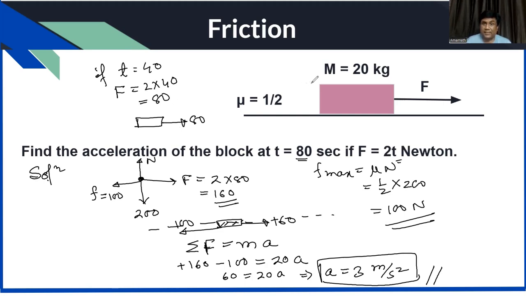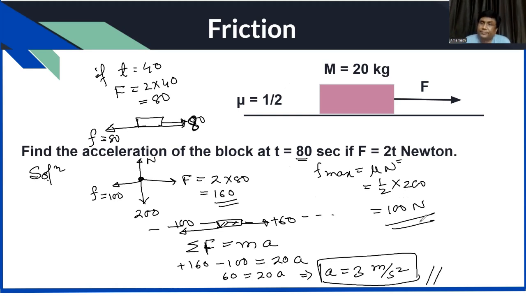Acceleration can never be negative, okay? Why I say so? You see, the frictional force can be up to 100, but you know that frictional force is self-adjusting only, no? So as you have applied 80, the frictional force automatically will be 80 only, because 80 is less than 100, no? Have you ever seen that you are dragging an object rightward and the object starts going leftward?